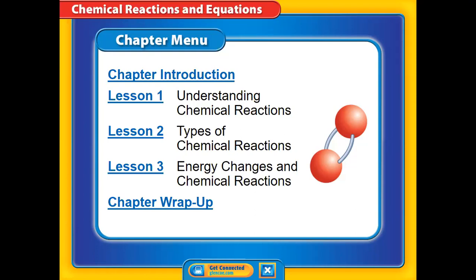So today we're going to pass to lesson 2, which is related to lesson 1 and based on it. We call it types of chemical reactions. Of course, we have a lot of elements and chemical compounds surrounding us, even in our daily life and in labs. So we have hundreds, thousands, or maybe more different chemical reactions that could happen.